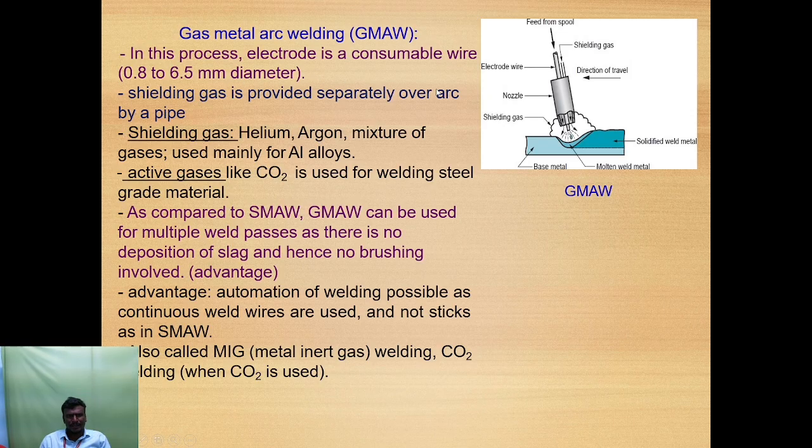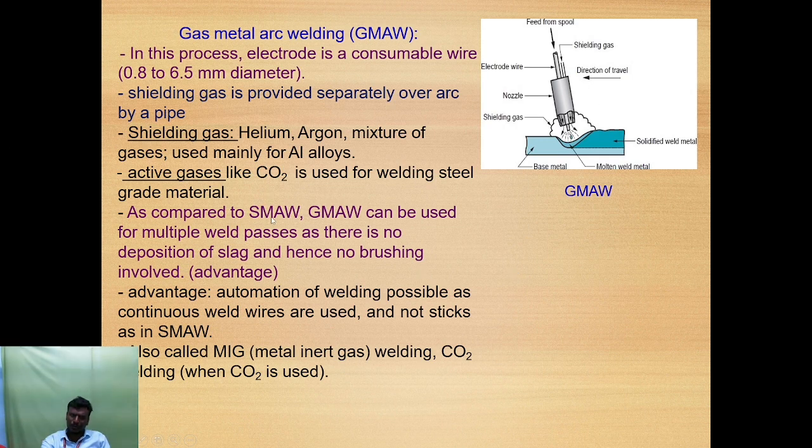In gas metal arc welding, shielding gas is provided separately over the arc through a pipe. Shielding gases such as helium, argon and mixtures of gases are used mainly for aluminium alloys, and active gases like CO2 are used for welding steel grade materials.